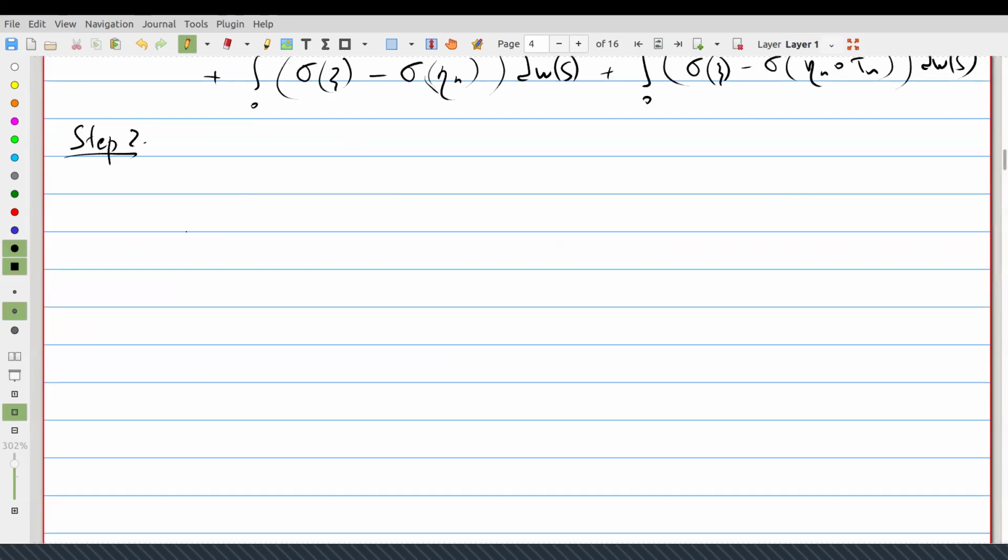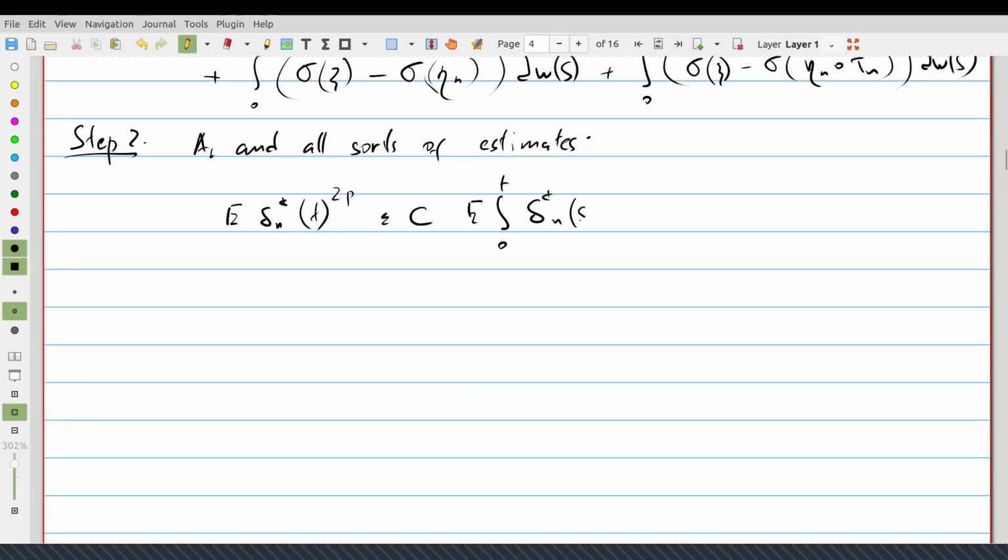Now, using A1 and all sorts of estimates we already know, we can get something like this. It is less than C times the integral from 0 to t of the expectation of the supremum to the power p, ds. This part is obvious.